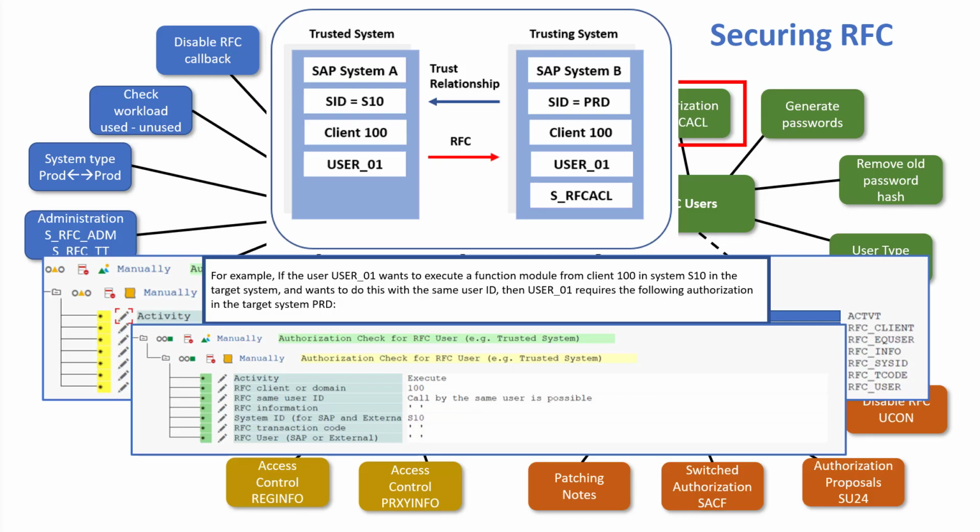The RFC same user ID flag would be set to yes, called by the same user as possible. RFC information, you can use quotes to just leave that blank. System ID, you would specify the S10 SID for the calling system. And for RFC transaction code and RFC user, you can essentially leave that as a null value or blank.